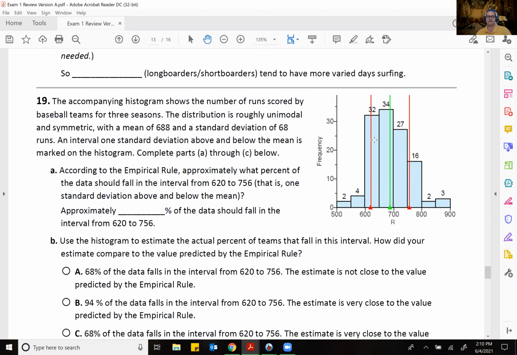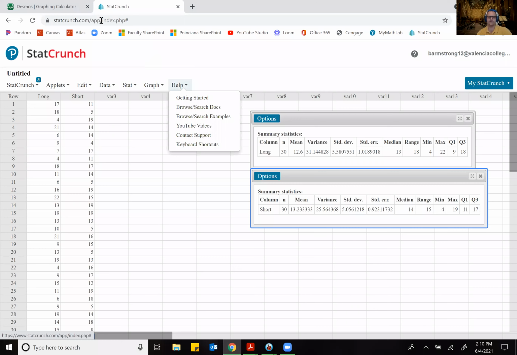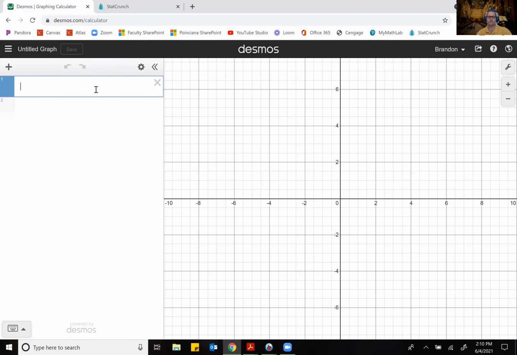So if I take 93 divided by 120, jump over to Desmos. So what I did was I took the 32 plus the 34 plus the 27. That's where I got the 93.